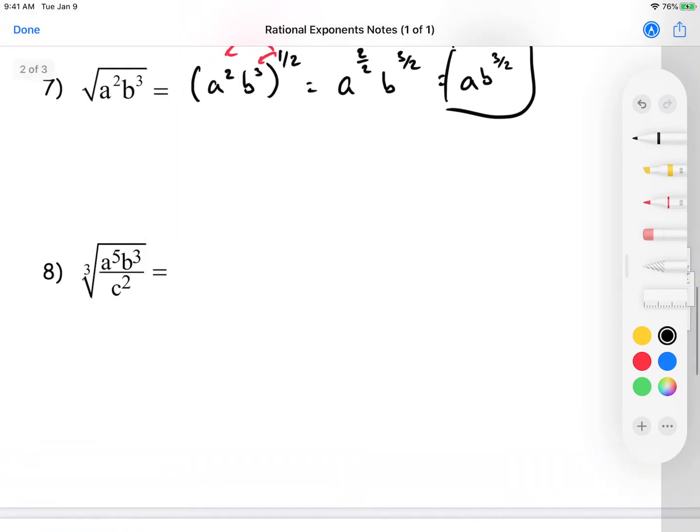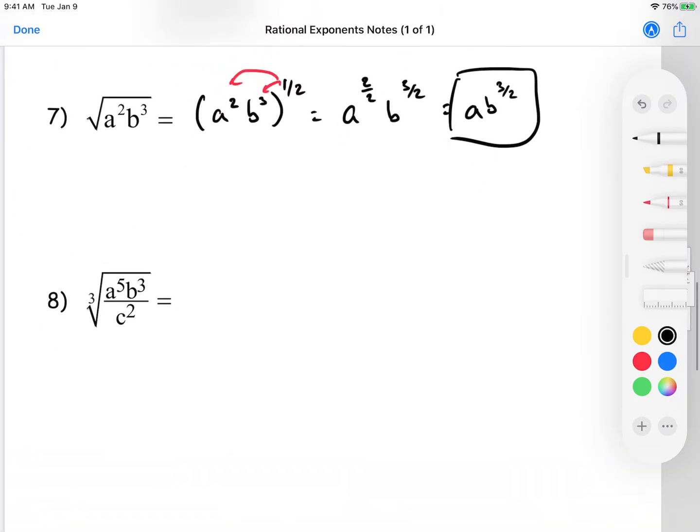And again, number 8 looks a little bit more complicated, right? Again, we're going to apply this the exact same way. So I'm going to take everything that's on the inside and realize that we're taking all of that to the cube root. So we're actually taking all of this, a to the 5th, b to the 3rd over c squared, to the 1/3 power.